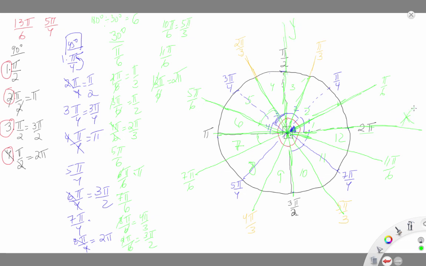This is x and this is y. If you notice, the angles that are closest to x all have a 6 on the bottom. And the angles that are closest to y all have a 3 on the bottom.